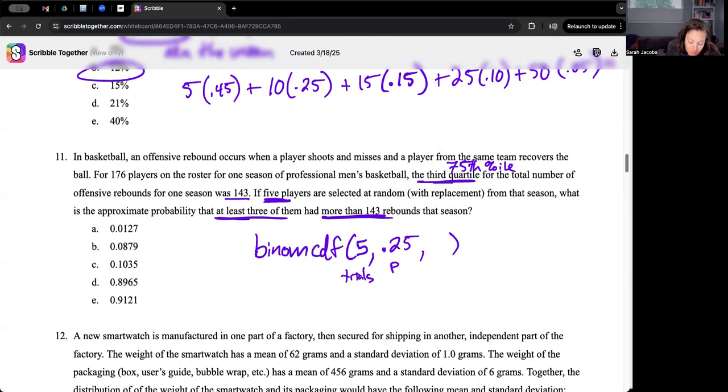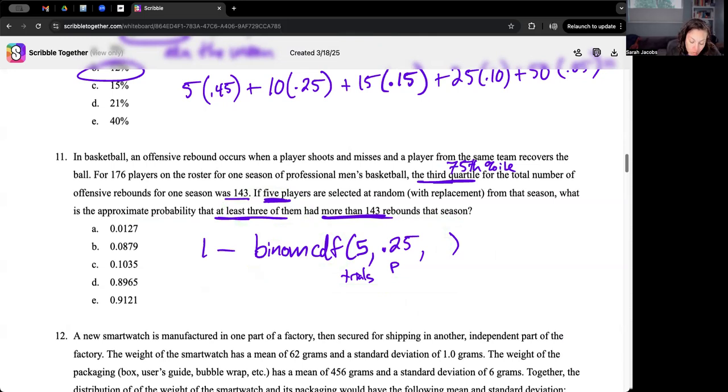Here's the kind of tricky bit. Binomial CDF is always going to give you the probability of this value and below. We want to know at least a number. So in order to get what's above, we're going to calculate the probability of what we don't want and then subtract it from 1. Because the probability of what we don't want plus the probability of what we do want should add to 1.